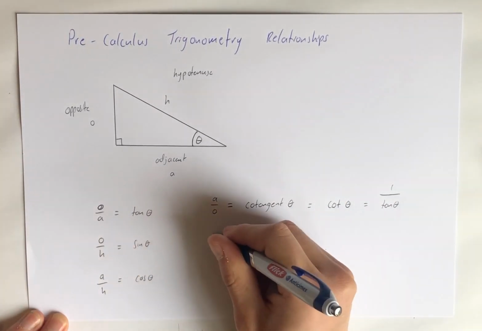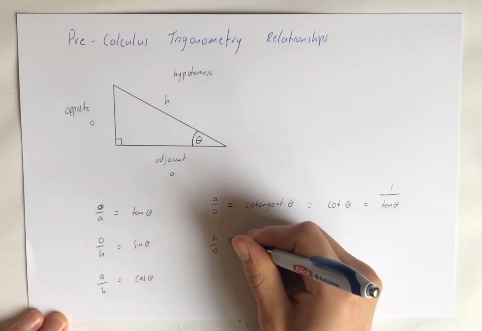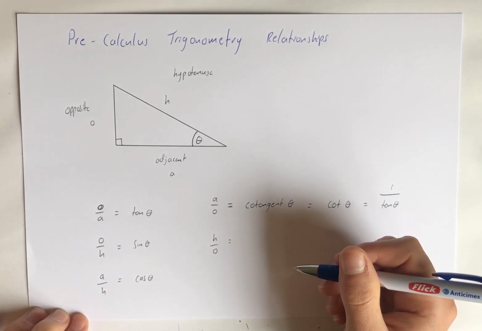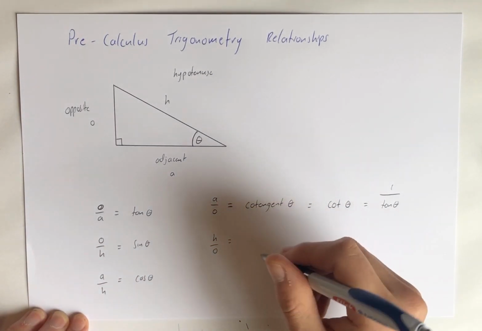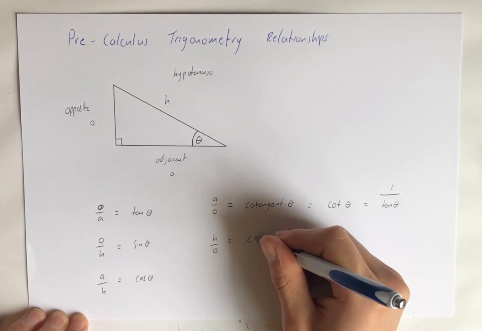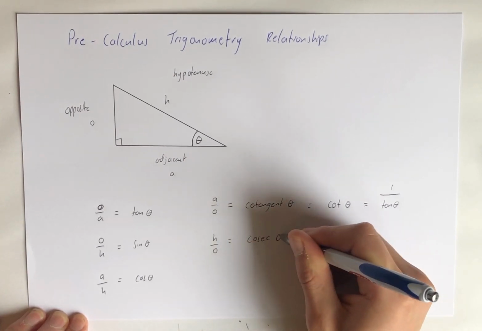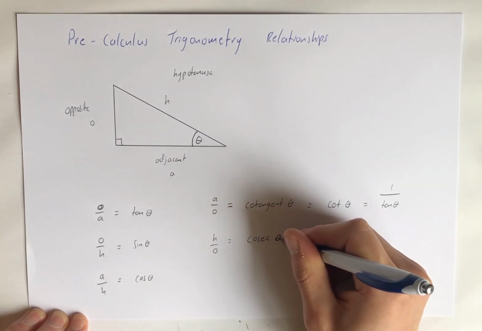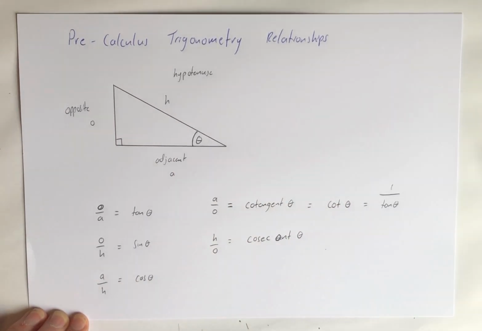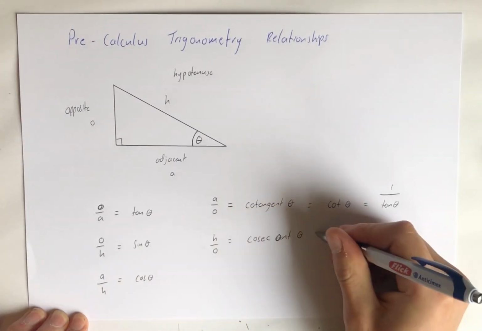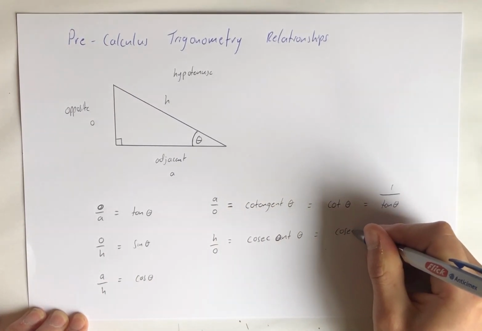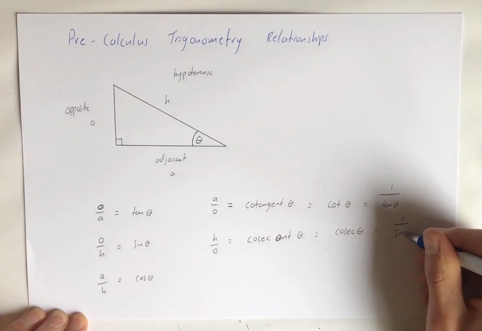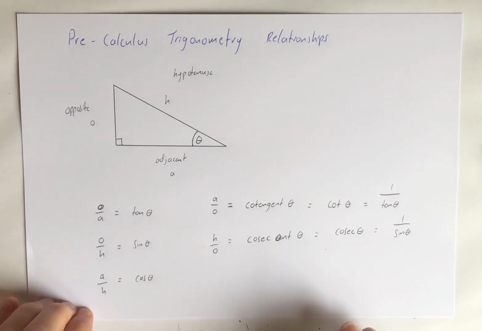If we took the reciprocal of this, we'd have H over O, and so it's not sine. That's not a sine theta relationship. What is that one? That is cosecant of theta, and we call that cosec theta, and that's obviously the reciprocal, 1 over sine theta.